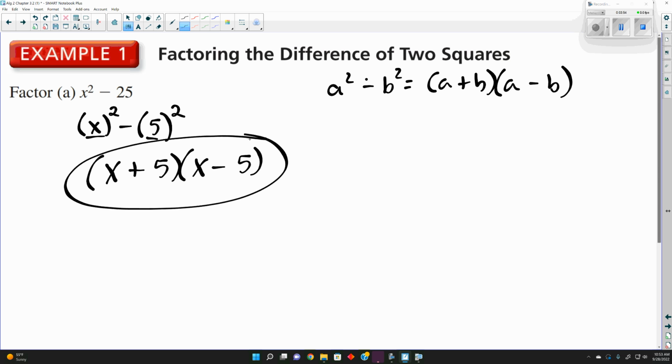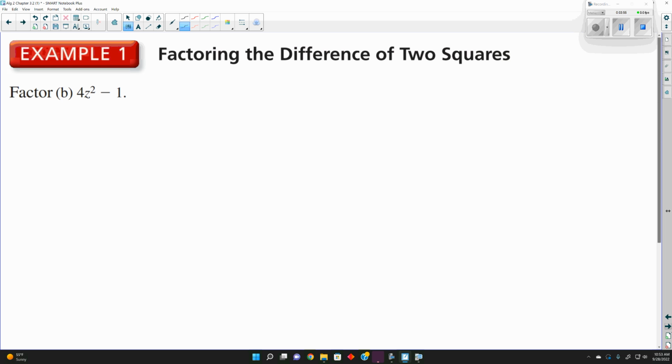You ready for the next one? 4z squared minus 1. Is 4z squared a perfect square? What times itself is 4? What times itself is z squared? Z, well, yeah. So what we could say is that this is 2z squared, because 2z times 2z would be 4z squared. Minus, what times itself is 1?